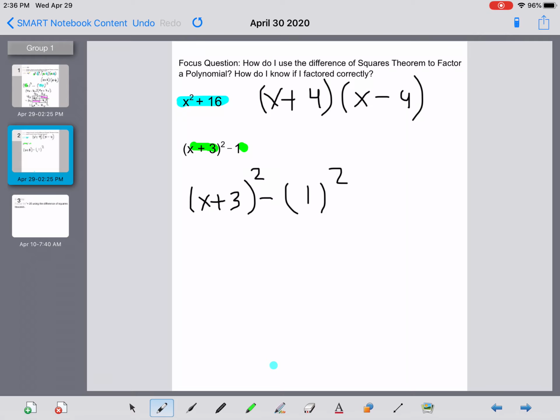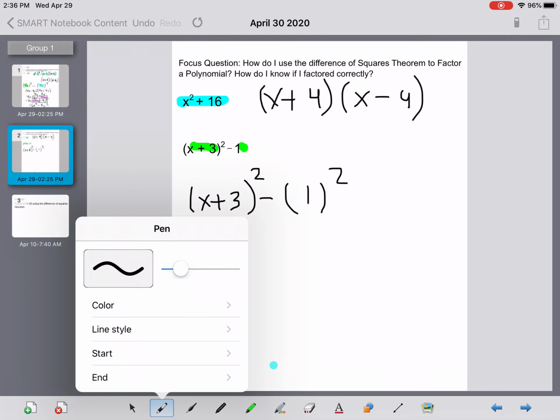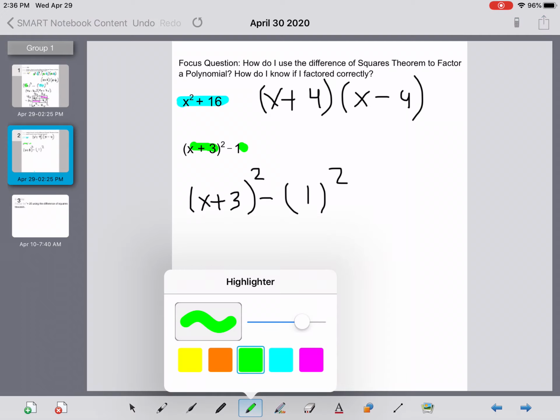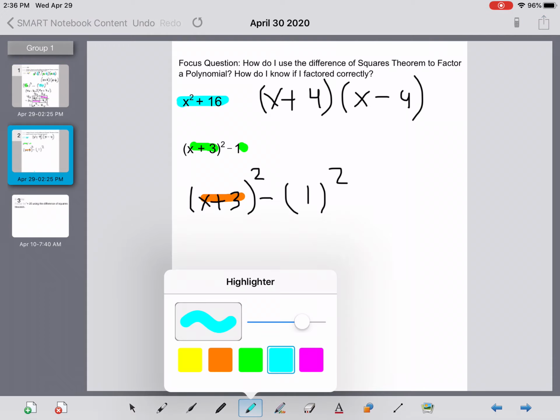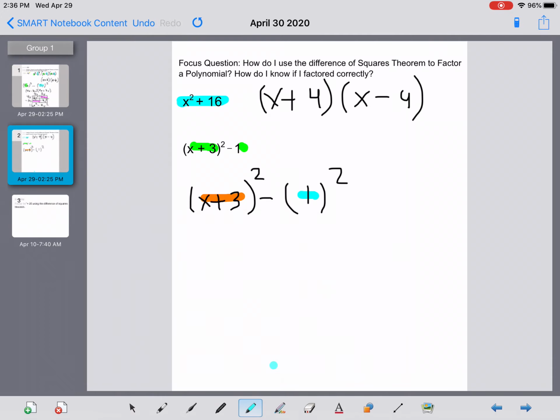So let's think about this. Here is your a value. Here is your b value.